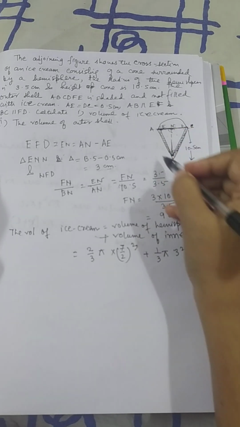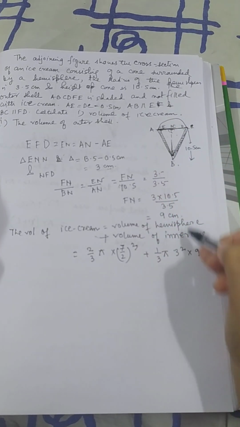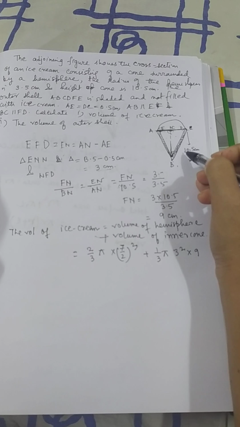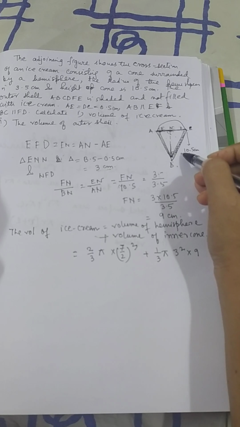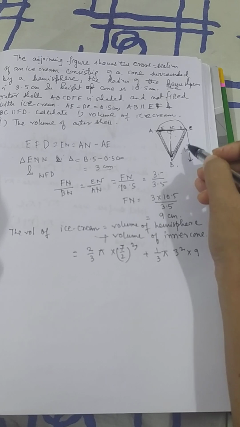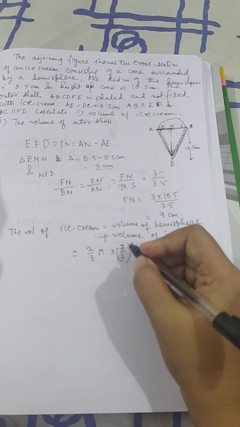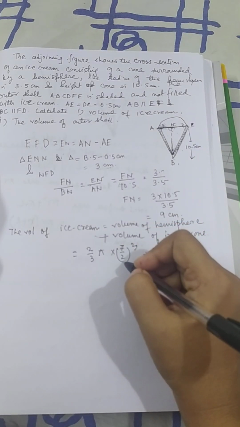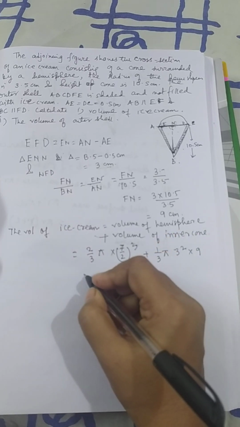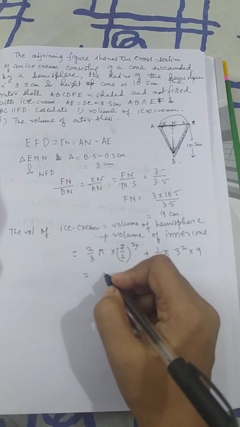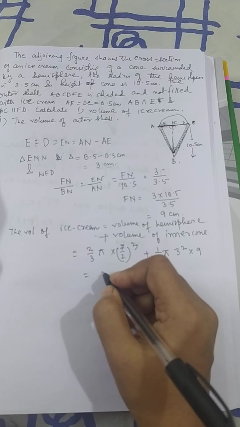That means the volume of the inner cone is 1/3 pi r square h, and the volume of the hemisphere is 2 by 3 pi r cube, right? 3.5 is the diameter, so 7 by 2 cube. If I calculate this, it will come like this.